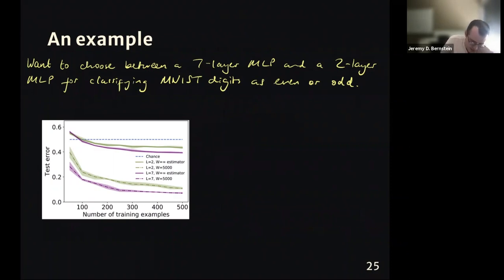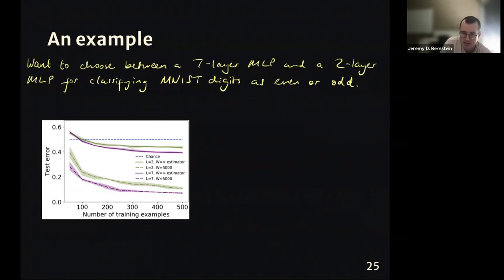And this plot shows you test error against the size of the training set. These two curves are the PAC-Bayesian upper bounds on generalization error using the infinite width limit Gaussian process. And these two curves are the empirical result for actually training the networks at finite width.